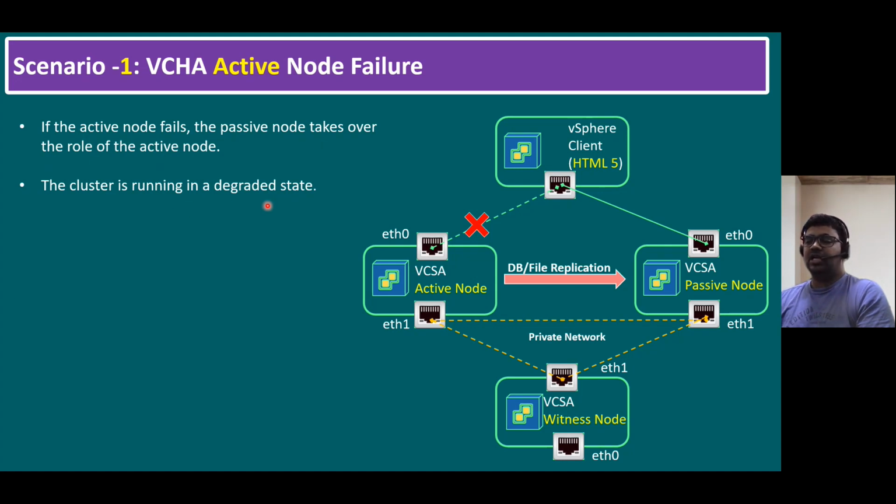When the cluster is in a degraded state, we need to take responsibility to bring up the VCHA active node. Sometimes you can bring it up by restarting the service, or, as we discussed today, we can restore from the backup. These are the two methods, and any one method is relevant. The active node is required to return the cluster to a healthy state. We should take care of this in scenario one.